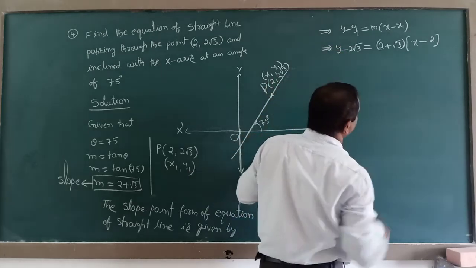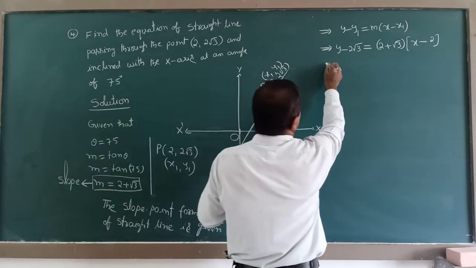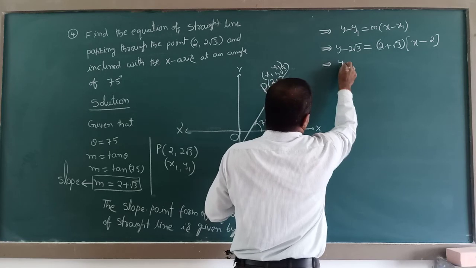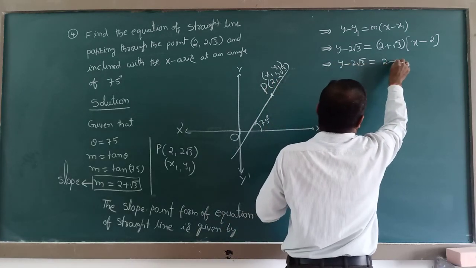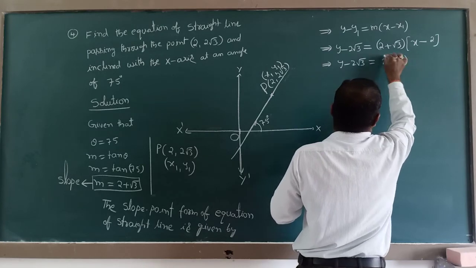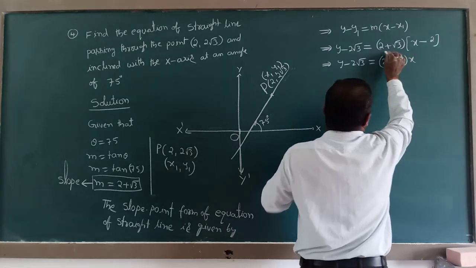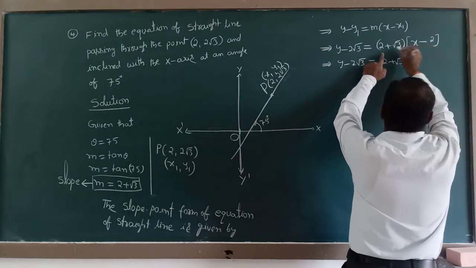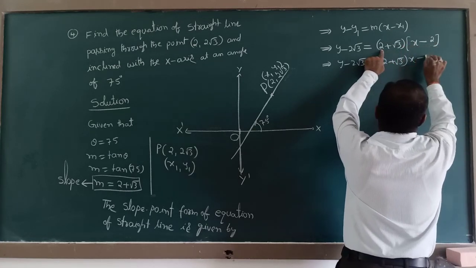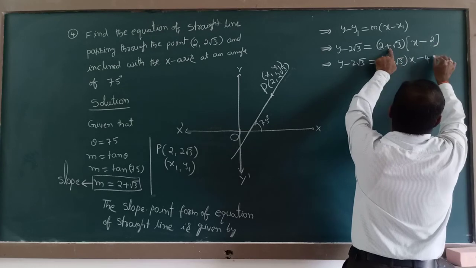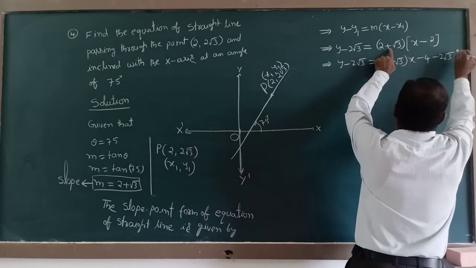At the same time, we do the calculation part. Y minus 2 root 3 is equal to 2 plus root 3 of x multiplied with minus 2 to the term 2 plus root 3 here, minus 4, at the same time minus 2 root 3 here.